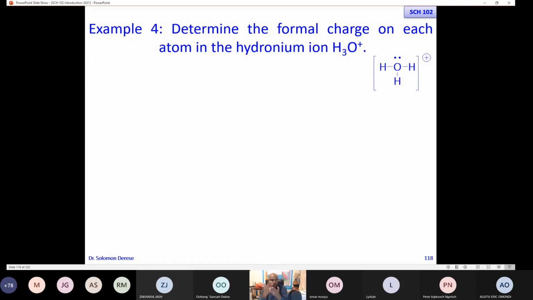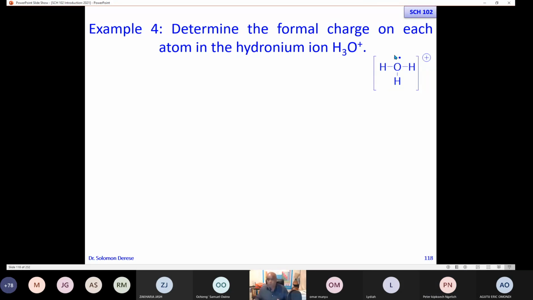So now, for an atom, what it has to shop with is the valence electrons. Then from these valence electrons, what will be deducted is the number of lone pair of electrons on the atom.